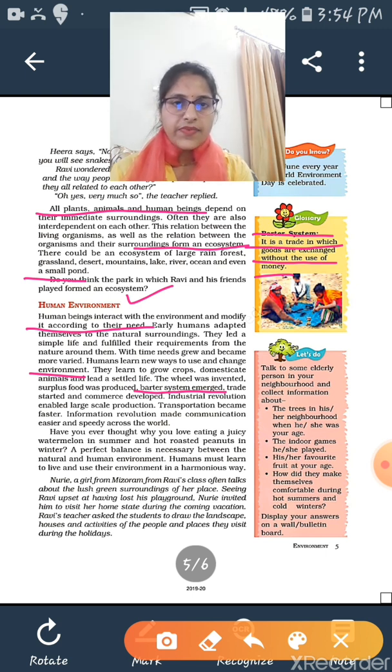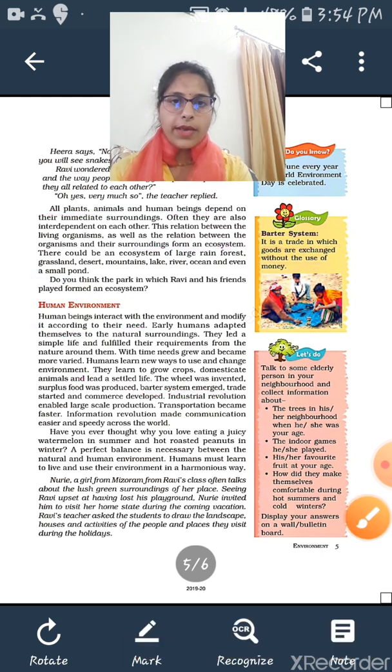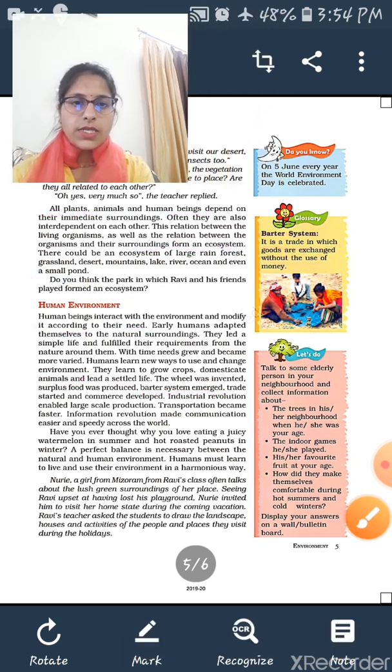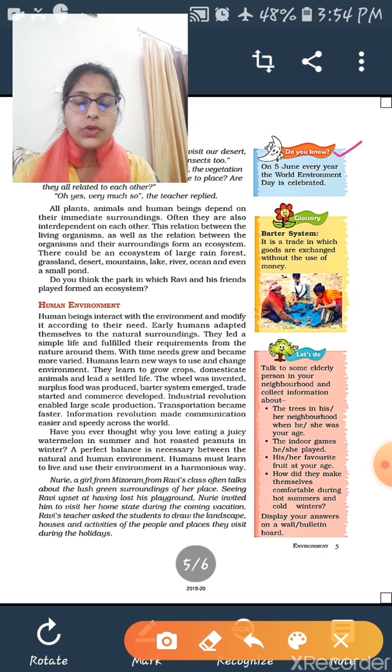So basically it is very necessary to maintain balance between the natural and human environment, and humans must learn to live and use their environment in a harmonious way, right? So now just see, do you know on 5th June every year, World Environment Day is celebrated?